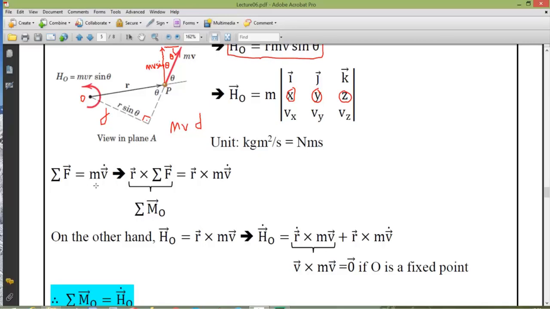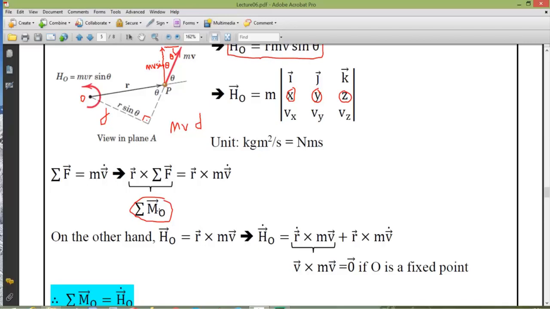Now, if we cross multiply both sides of this equation with r, then what we have on the left hand side is the moment about O. The moment is due to the net forces acting on this particle, or the resultant force on the particle, or the summation of all the forces acting on the particle. They are all the same thing.